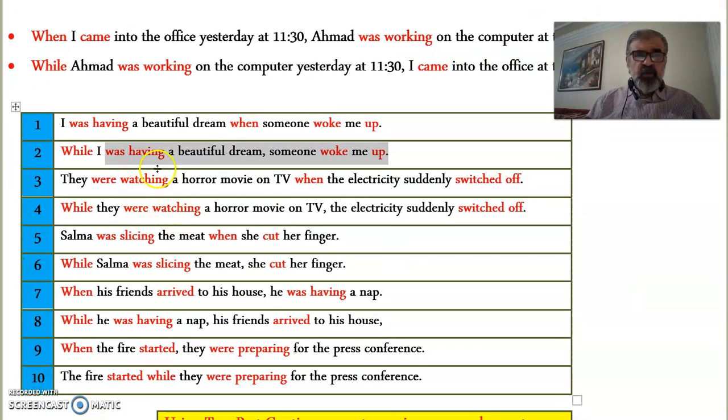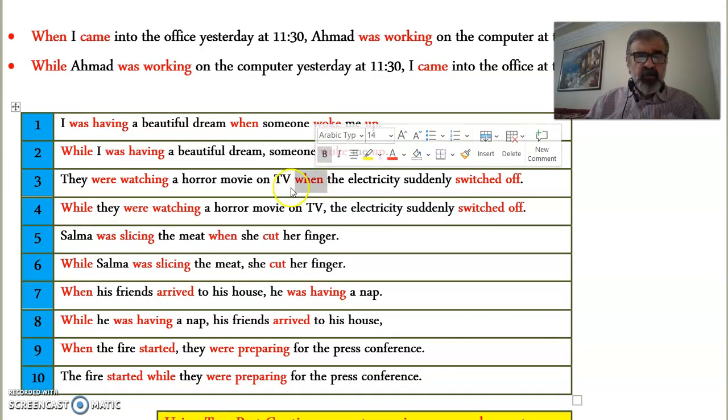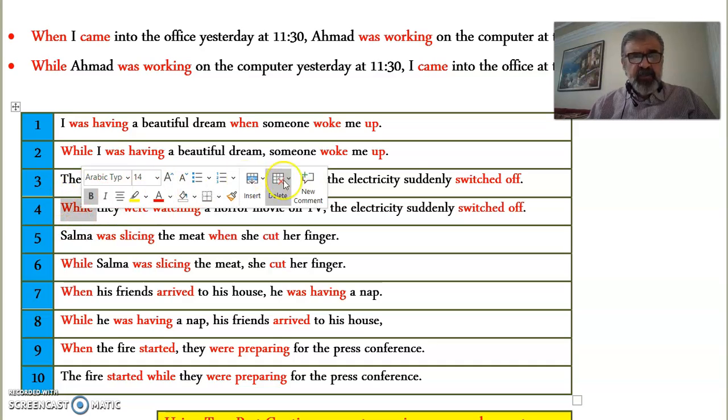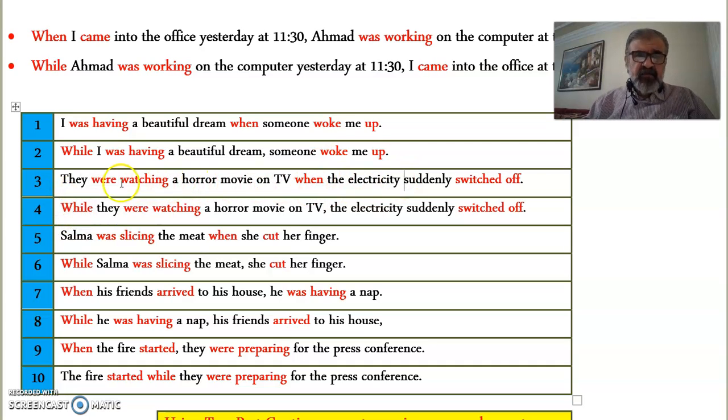Now, they were watching a horror movie when. Now we're comparing between when and while again, two different sentences. Now when is preceded by were watching, that's action 1, longer action, then followed by action 2, switched. While used in initial position, followed by action 1, were watching, past continuous, longer action, and then action 2, past simple, shorter action.